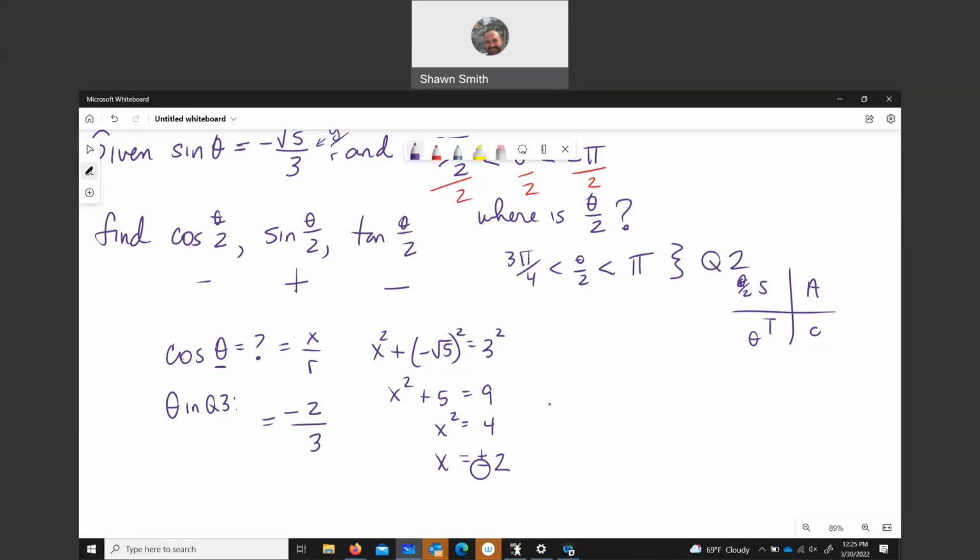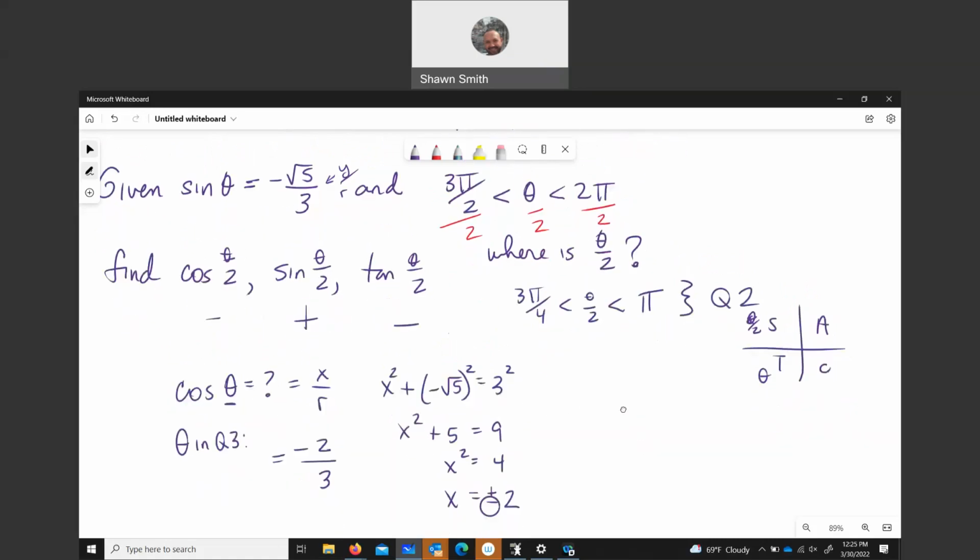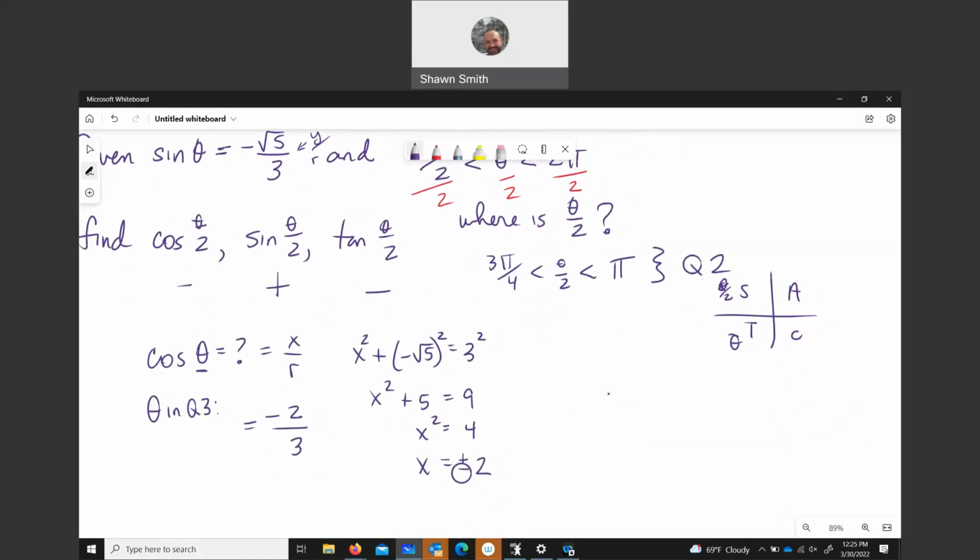I'm sorry, theta was not in quadrant 3. 3 pi over 2 to 2 pi, that's quadrant 4. My mistake. So theta is over here in quadrant 4. So quadrant 4, x is positive, so positive 2/3. See where a tiny little sign error can mess up everything?